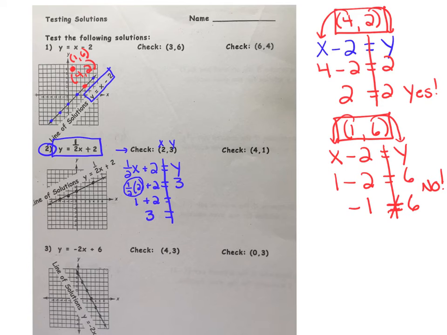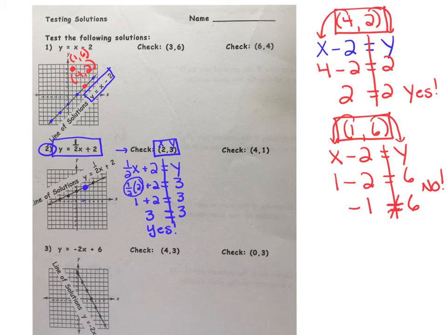So our left side is valued at 3. On the right side, of course, our y value is 3. So this is true. This is indeed a solution to this particular equation. And if you check the graph, just for the heck of it, if you go over 2, up 3, you can see that this point does lie on the line, and it certainly is a solution to this equation.